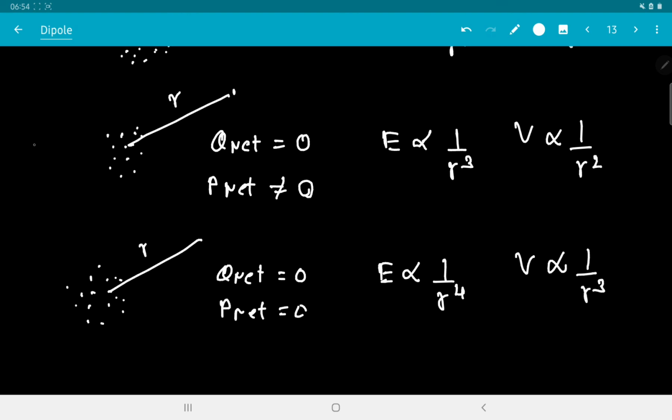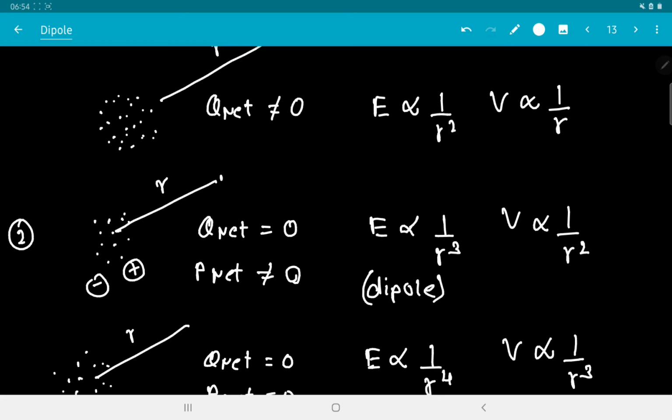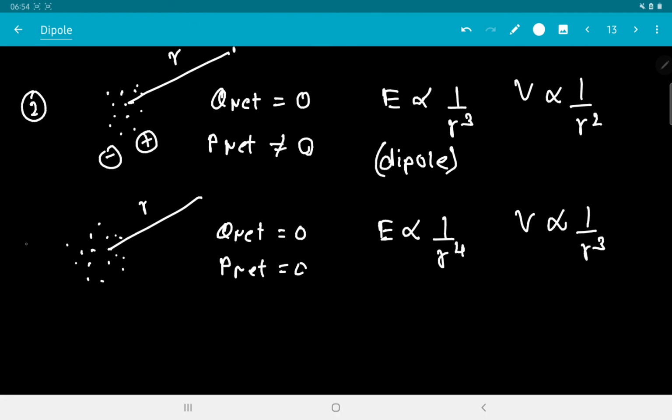In the previous case, in the second case, this was a dipole. We can represent all this collection of charges by a single negative and a positive charge. Same way, in the first case, we can approximate or represent them at a large distance as a single positive or negative charge. In the third case, it is a quadrupole.